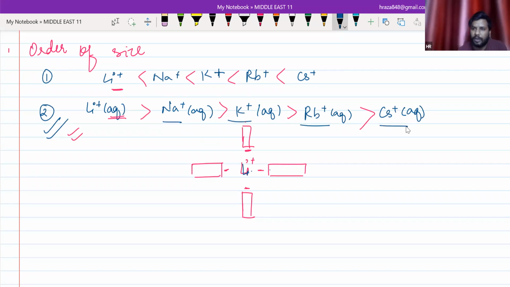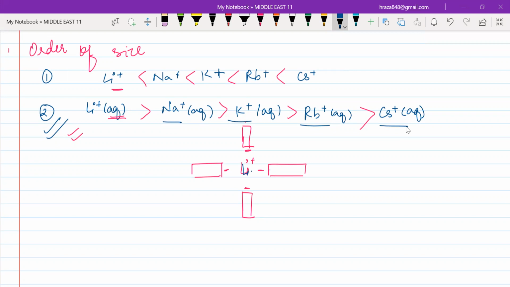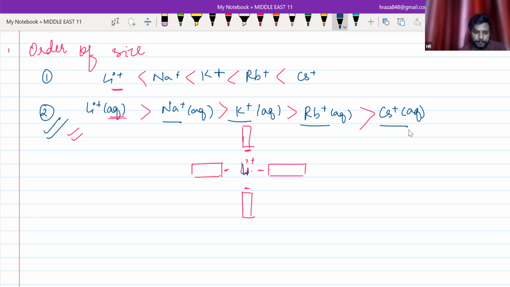I told you cesium because it is greater than all of these. It covers all of them. Okay, sir. Are you done with this? Done, sir.